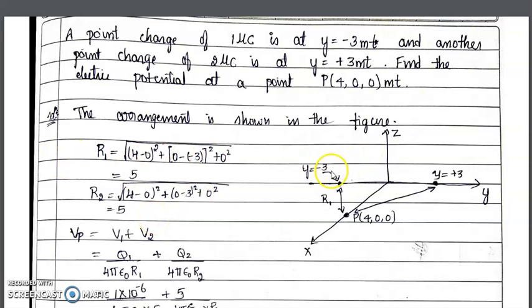The coordinates of this point are (0, -3, 0) and of the other point are (0, 3, 0). Using these coordinates, I find the distance between the two points and P. Now we know the distances between point P and each charge, R1 and R2, are both equal to 5.